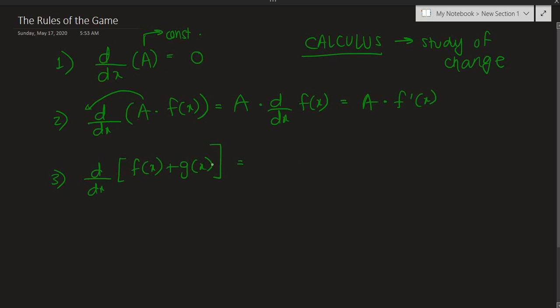Okay, so property number 3 is, say you have the sum of functions f of x plus g of x and you differentiate that. That is the same thing as the derivative of f of x plus the derivative of g of x. So you sort of split the derivative, and then, as I said, I'm going to be using this shorthand notation. So derivative of f of x is f prime of x, and this is g prime of x.